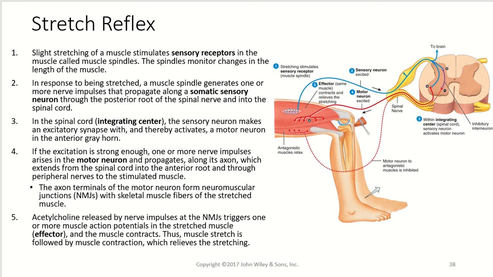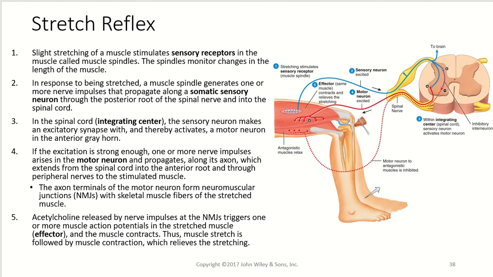So if that excitation is strong enough, then one or more nerve impulses will arise in that motor neuron and are going to propagate along that axon, which is going to extend from the spinal cord into the anterior root and through the peripheral nerves to the stimulated muscle. So the axon terminals of the motor neurons are going to form neuromuscular junctions with skeletal muscle fibers of that stretched muscle.